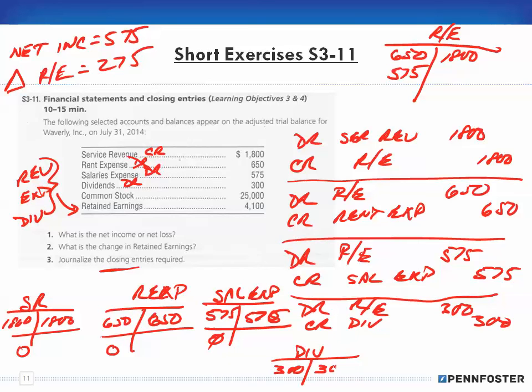Okay, so that means I have 300 as a credit, which means my dividends is 0, and retained earnings gets the 300. All right. So those are the 4 closing entries that are required in order to close out the temporary accounts. Temporary accounts being revenues, expenses, and the dividend account.